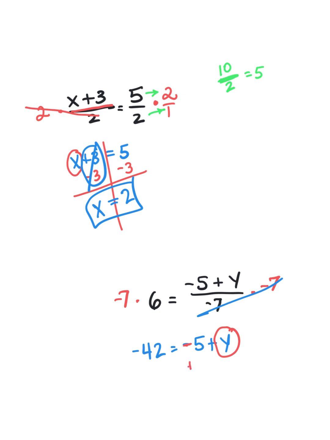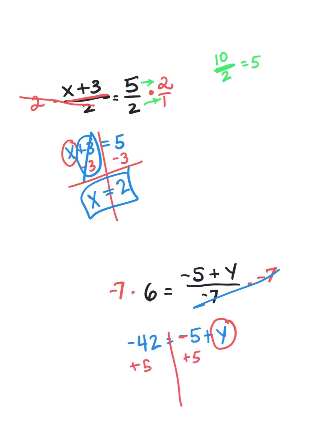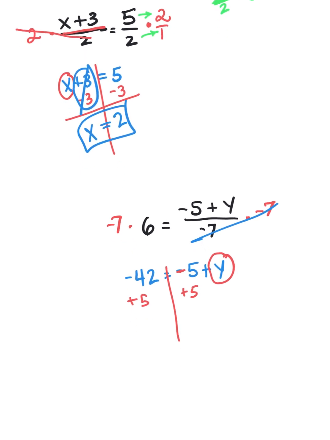There's a -5. Let's do the inverse operation. Remember to do it once on each side. There's your 0. You're left with y on the right. -42 and a +5 is going to be -37, and that's your answer. -37.